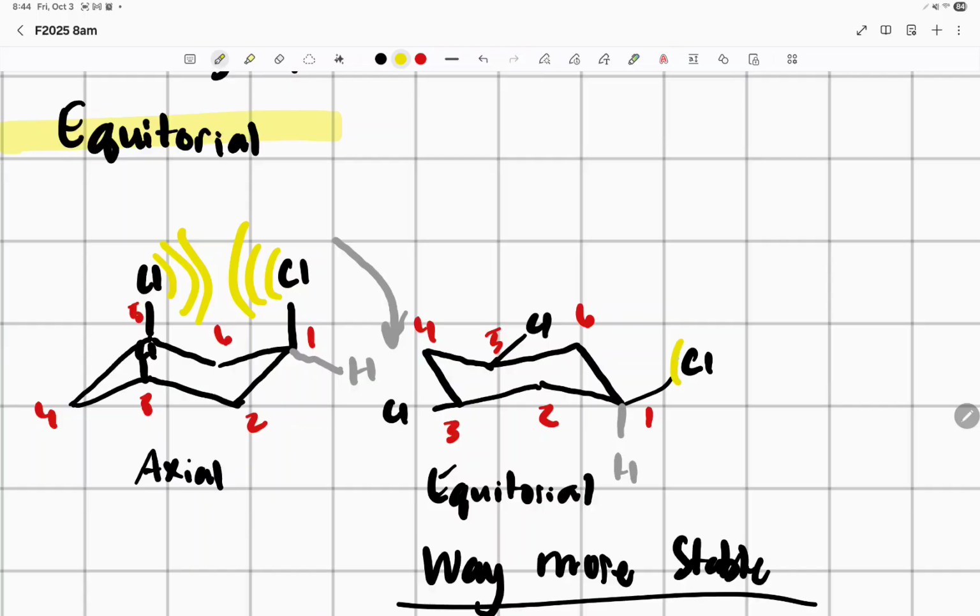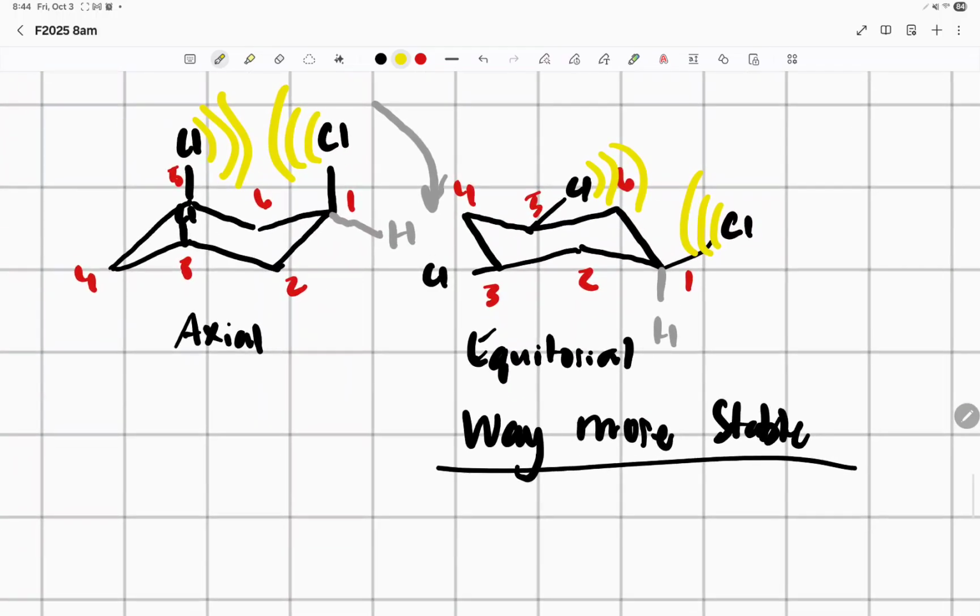Whereas my equatorial groups have just room to move around. They're happy. They're not seeing anybody. They're nice and asocial as atoms like to be. So equatorial is, again, like I said, magnitudes more stable.